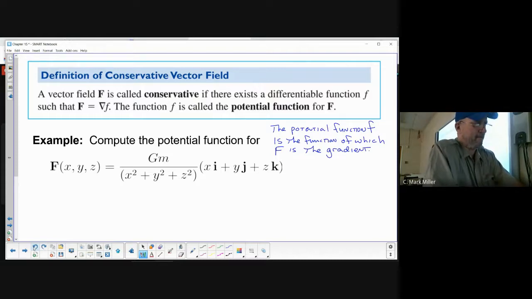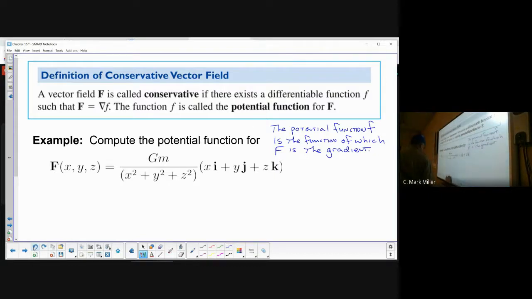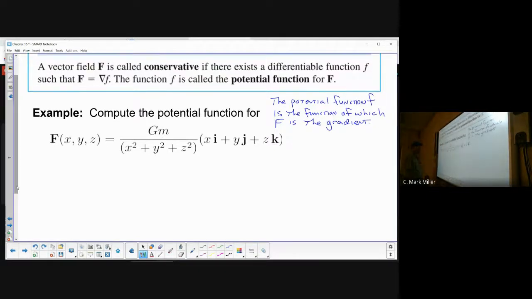Well, let's see here. If that's the gradient of something, it may pay to rewrite this.